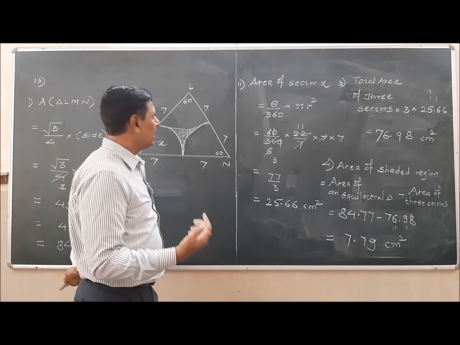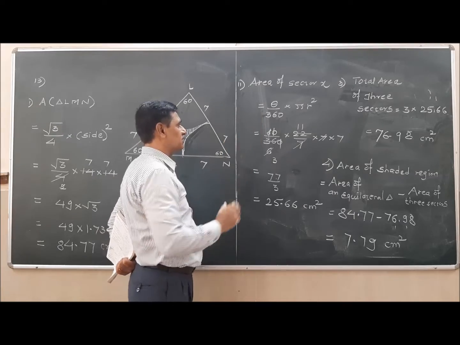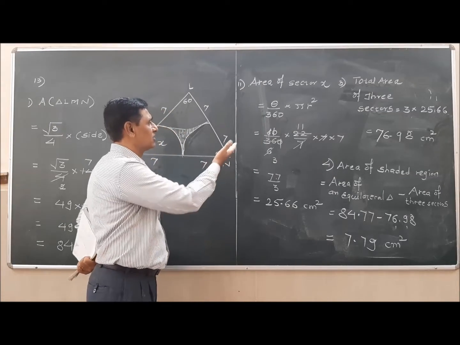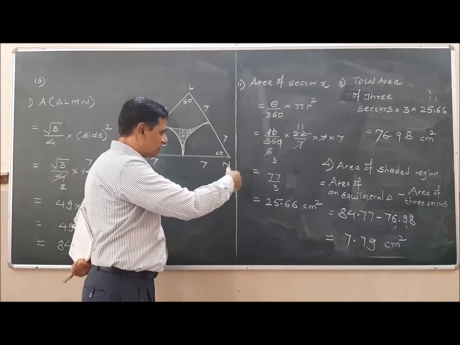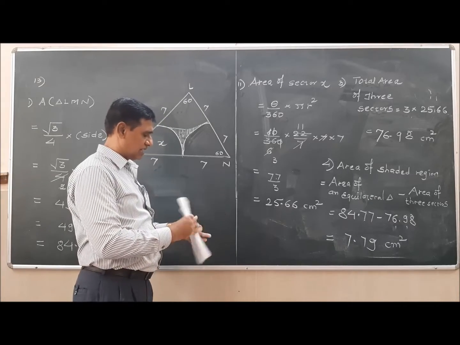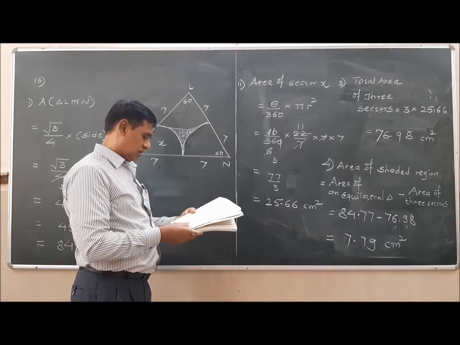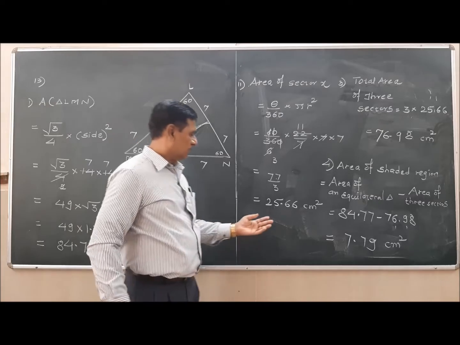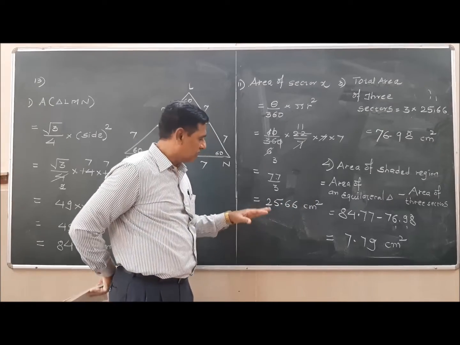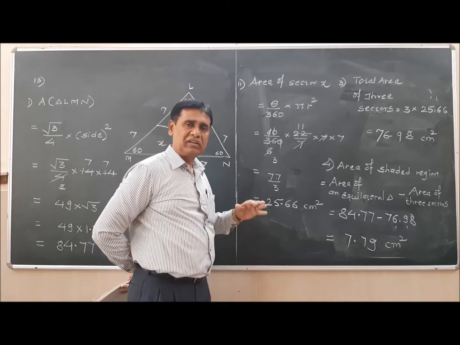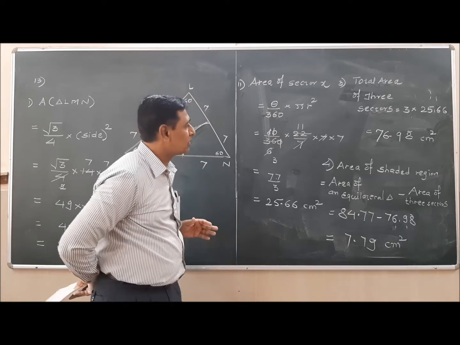Then calculate the area of any one of these sectors: theta upon 360 pi r square. After cancellations of all this, I got it as 25.66. Even if you continue it and reduce it, you may get it as 25.67. Please don't bother about this.